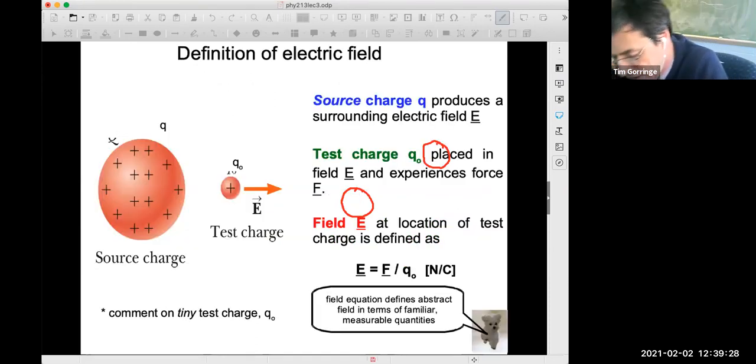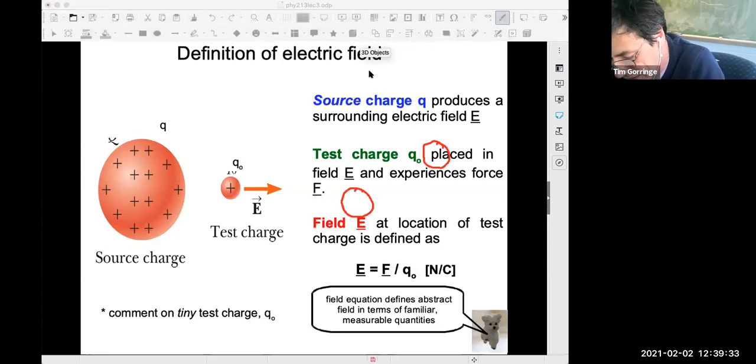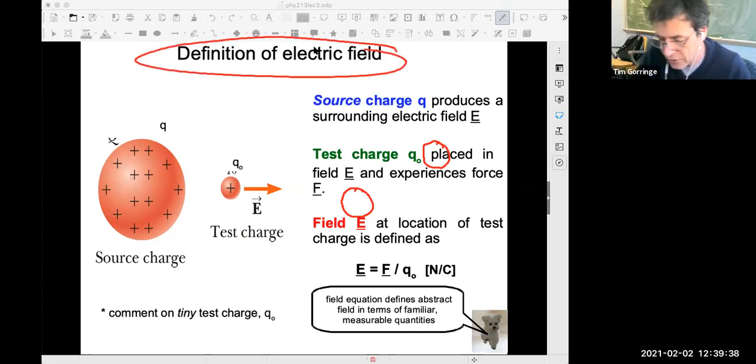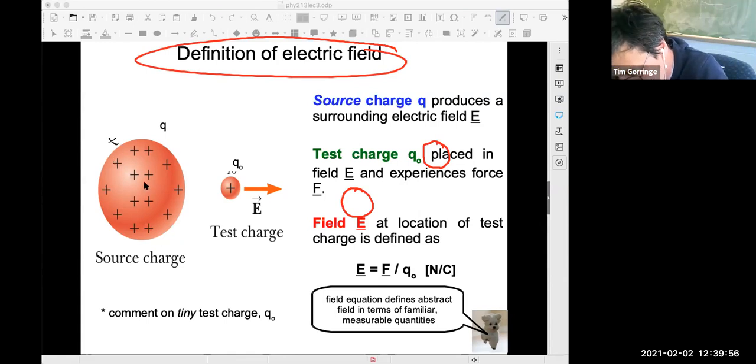Okay, so this slide tells us precisely, exactly, how we define the electrical field, the definition of the electrical field. And so to imagine the definition of the electrical field, I'm going to ask you to imagine two charges. So one charge over here, the charge on the left of my sketch, is what we're going to call the source charge.